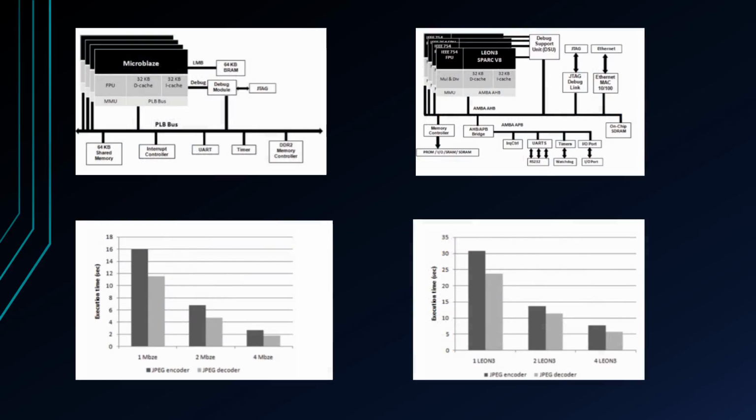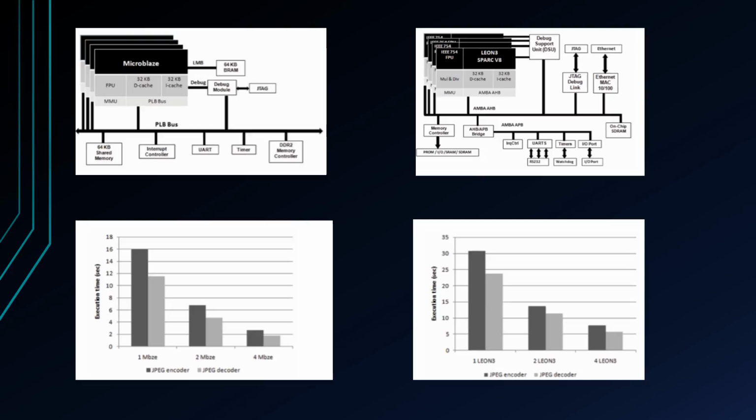On the next slide, I compared the architectures between MicroBlaze and LEON3. In general, the soft core processors had pretty shallow pipelines and low clock frequencies, which you'd expect is a limitation of the FPGA hardware and architecture.